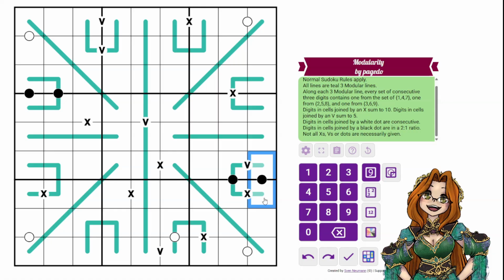We know the digits that can go on a black dot are 1, 2, 3, 4, 6, and 8. So if we look over at the groups, we're trying to find 2 digits that are double each other and in the same modular group.